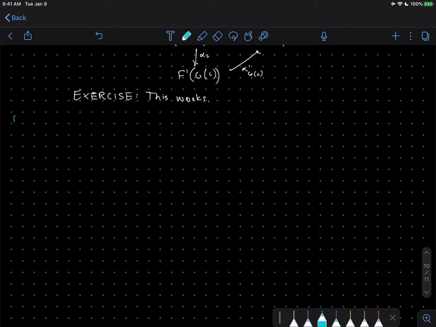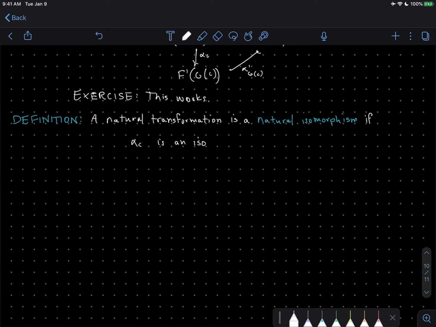Anyway, a natural transformation is a natural equivalence, or a natural isomorphism, if alpha sub c is an iso for all c.